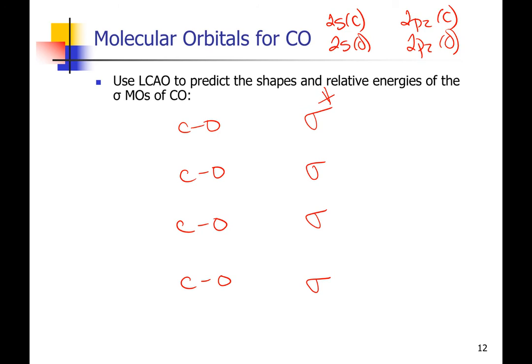And the best way to combine those atomic orbitals and make something with as few nodes as possible is going to be to take the 2s on the carbon and combine it in phase with the 2s on the oxygen, and that's going to give you something that looks like a nice sigma bonding molecular orbital. That is the way to combine atomic orbitals from that set, generating a molecular orbital with the fewest possible nodes and maintaining the symmetry of the molecule. So you can't make anything weird and lopsided that has different symmetry than the overall molecule does.